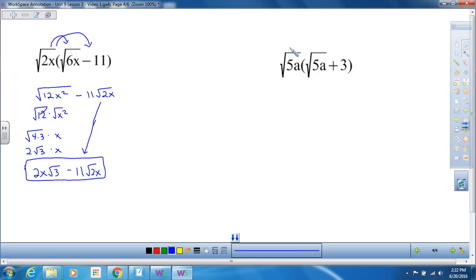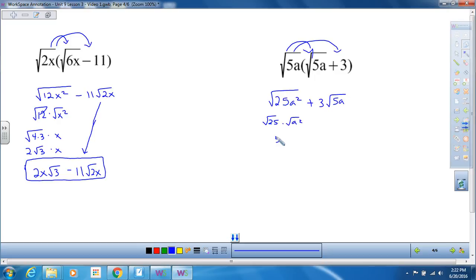Okay, here square root of 5a times square root of 5a gives me 25a squared. And then square root of 5a times 3 is 3 times square root of 5a. So 25a squared, the 25 and the a squared are perfect squares.